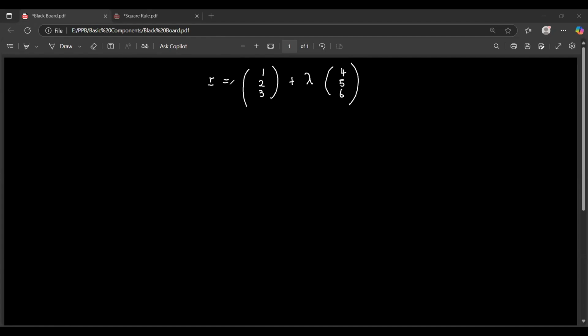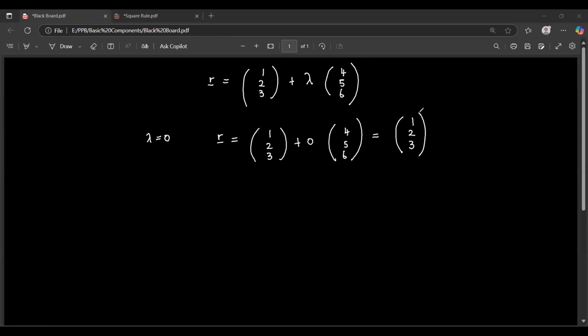When lambda is equal to 0, r will be equal to (1, 2, 3) plus 0 times (4, 5, 6). This means r equals (1, 2, 3) lies on the line. That is true, because A here is a position vector, and this position vector represents a point on the line.